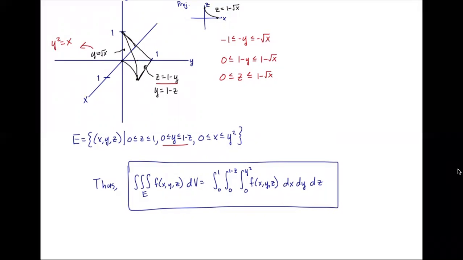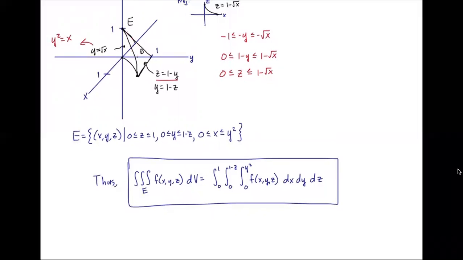That's the projection, that's our D, the projection of the solid E onto the yz plane. So we've met that challenge. That's usually one of the hardest, to get that second one right. In this case, this one wasn't very straightforward either, but we were able to do so. And then lastly, z ranges from 0 to 1. That can be seen along this axis right here, along these points of intersection.